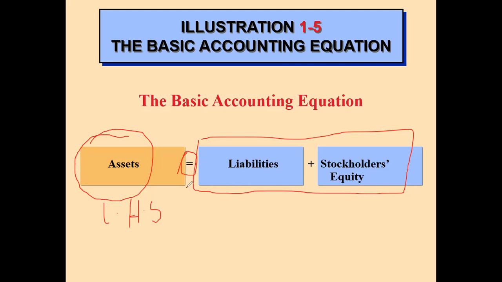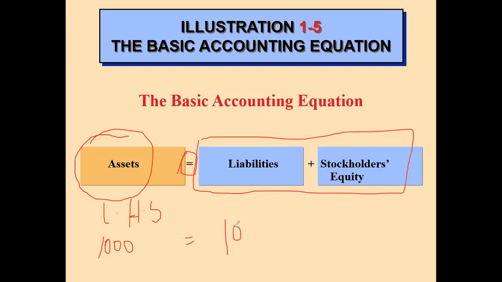So how can it become equal? See, if there is 1000 on the asset side, then for making the equation equal, there must be 1000 on the right hand side also.